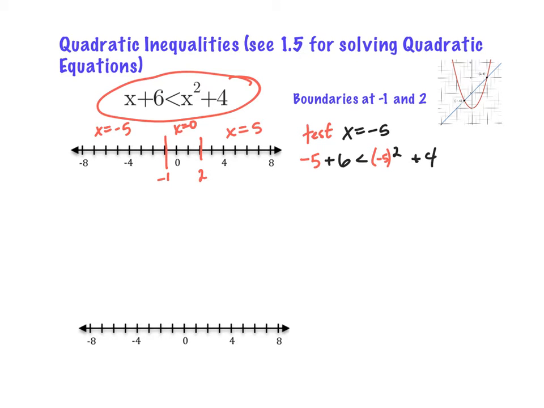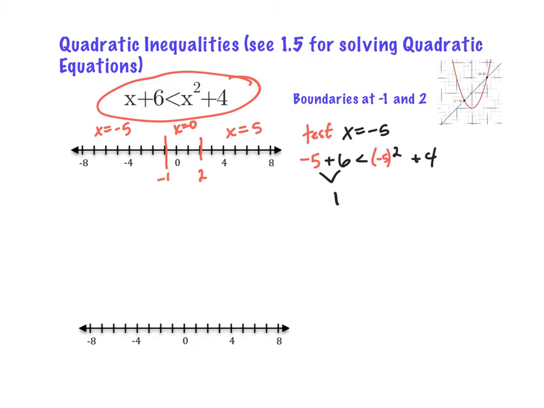And one of the things you want to remember is that when you're simplifying, you're taking care of everything on the left and everything on the right. You're not using any of those solving steps like subtracting 4 from both sides or anything like that. You're just evaluating both sides. So as I go down, -5 plus 6 is 1.